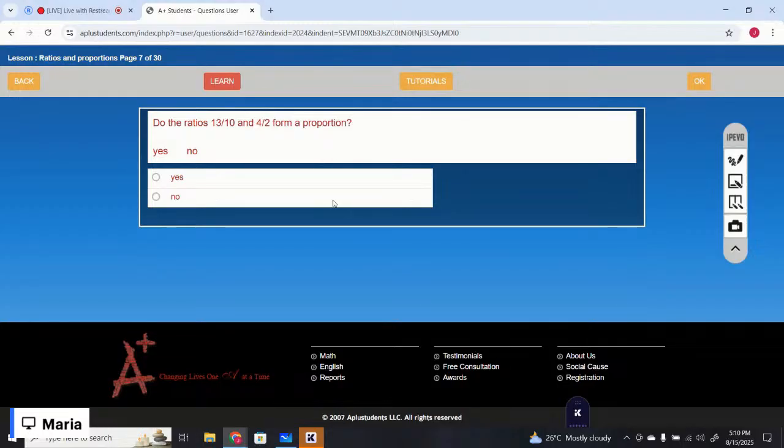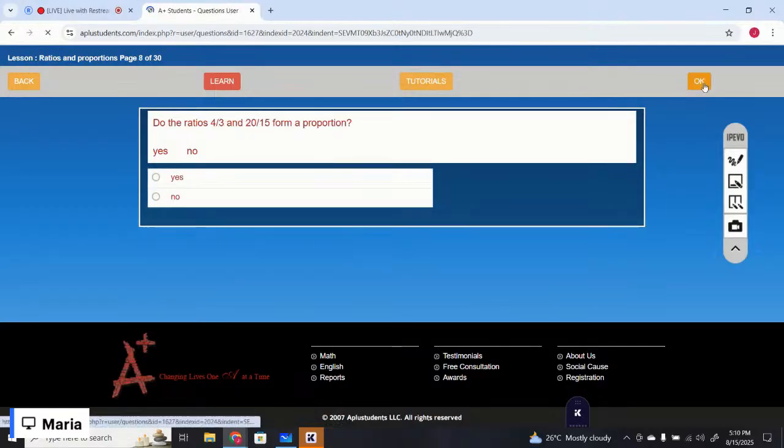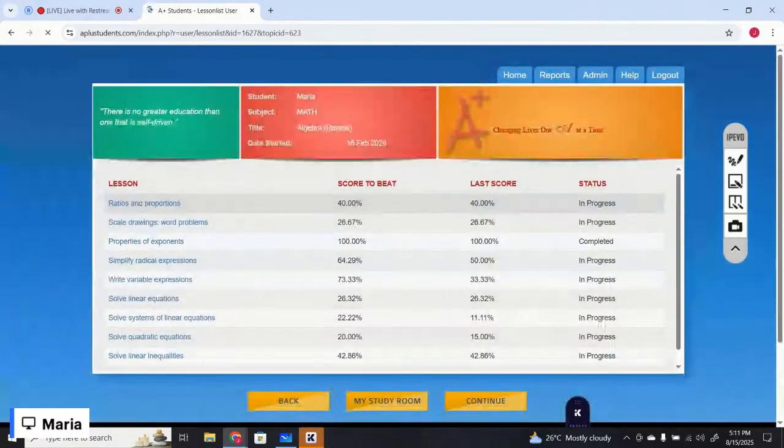The correct option is no, they do not form a proportion. Do the ratios 4 by 3 and 20 by 15 form a proportion? Yes, they do form a proportion. Okay, you can complete the lesson. Next lesson.